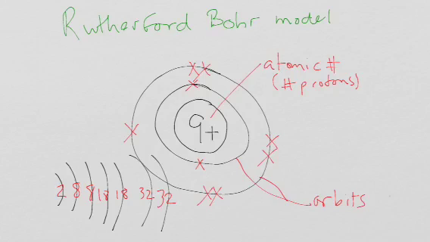So the question here that I really need to take home is that whatever your atomic number, whatever your number of protons, you must have that same number of electrons. Because in nature, all atoms are neutral.